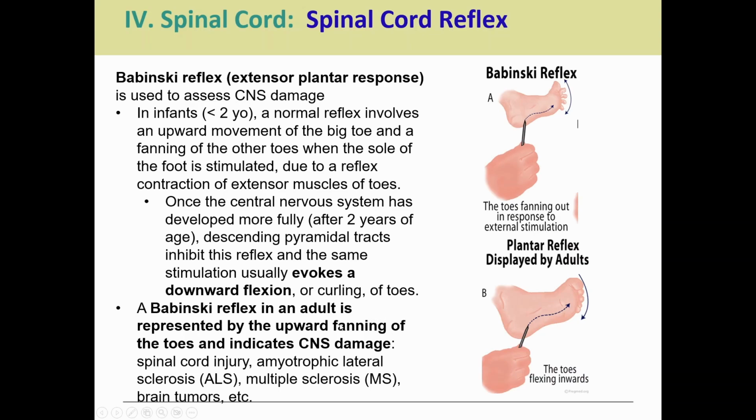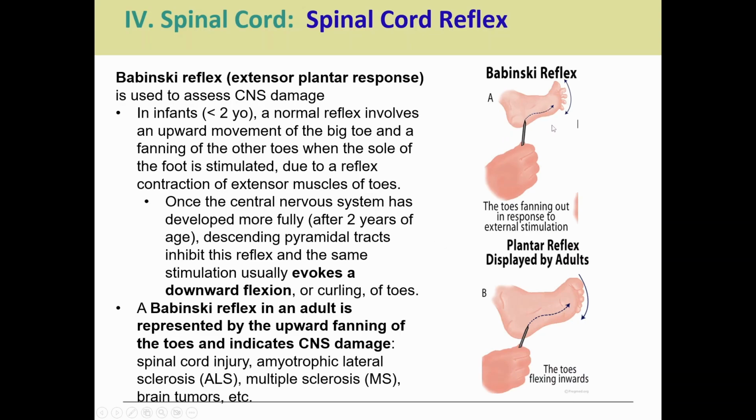If someone has damage to the central nervous system, we see the Babinski reflex, the one we would normally see in the baby, in an adult. The same motion in the baby makes the toes move up and fan out, but in an adult, they should curl down and in. If the adult has the same response as a baby, then we know something went wrong.